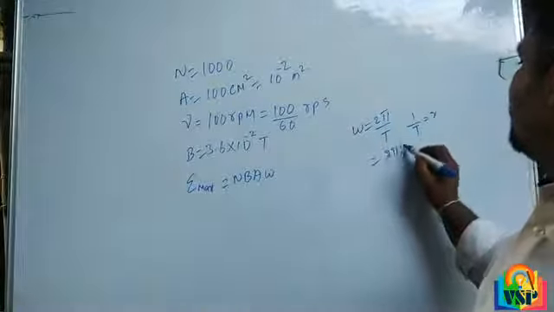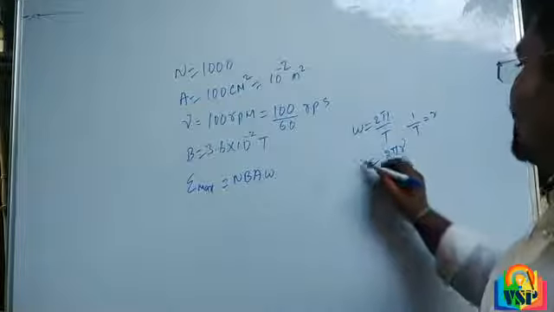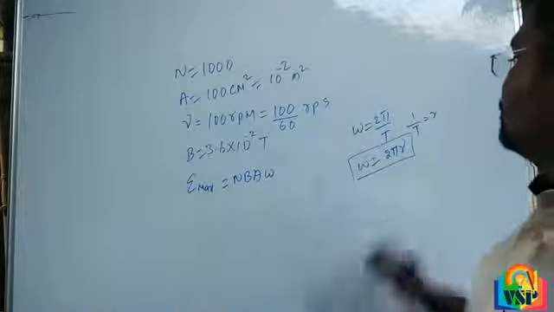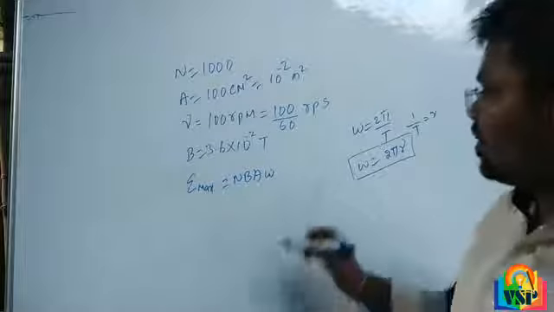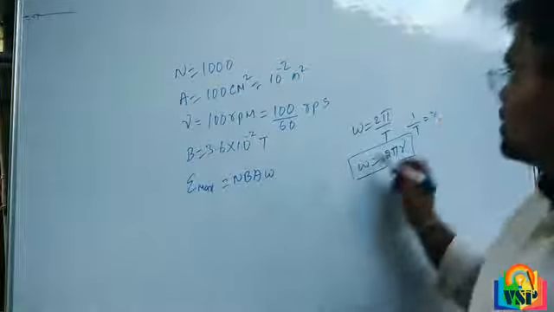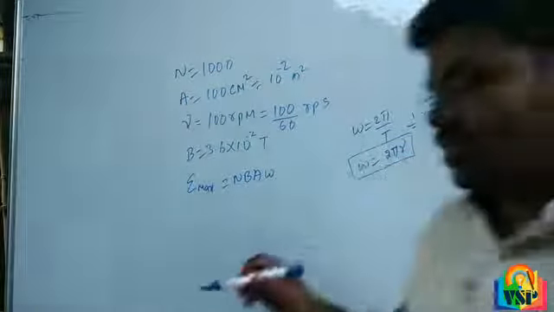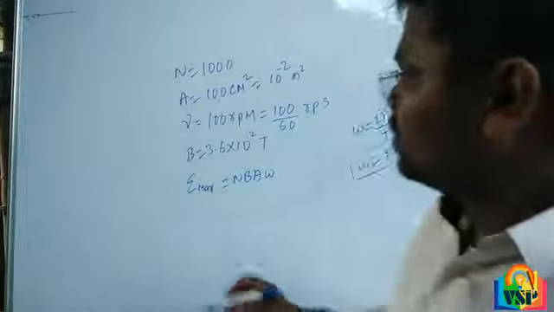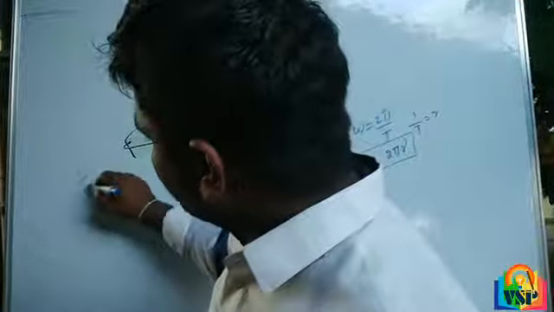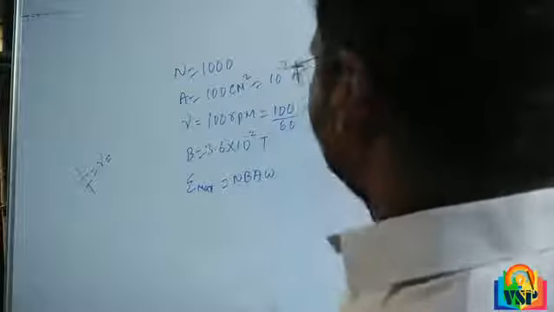So omega is equal to 2πν. This is the simple formula. This formula we have already learned in waves and oscillations. 1 by time period is equal to frequency. Frequency you can measure in RPM.